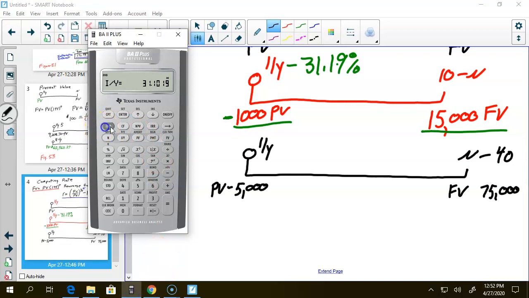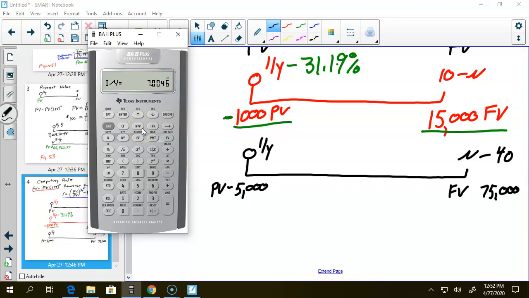What would that be? So new problem. I'm going to clear this out again. I've got 40 for N. I've got 5,000. Whoops, one too many. I can use my back arrow there. Negative for present value, and I want 75,000 for future value, and I'm going to compute my interest rate, and we get 7% there.